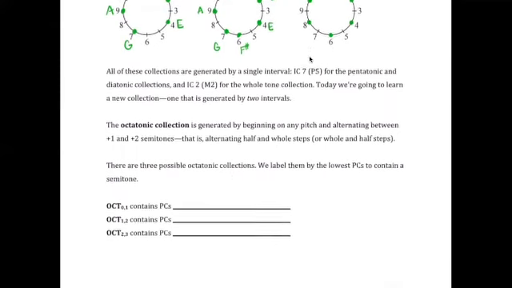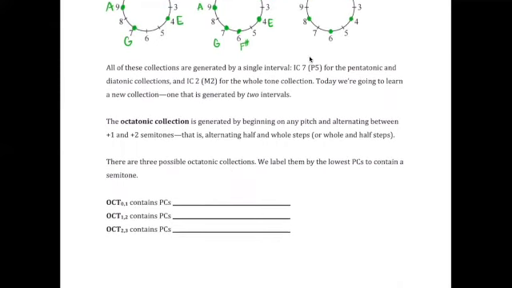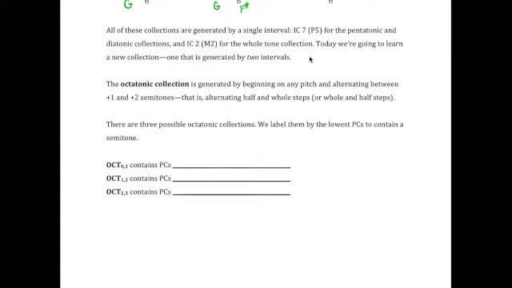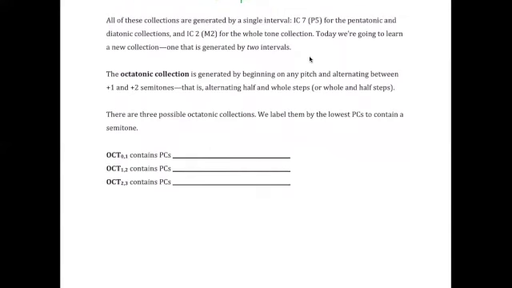The octatonic collection can be generated by starting at any pitch on the clock face and alternating between 1 and 2 semitones, or alternating between half and whole steps. Now, when we do that, it turns out that the octatonic collection only has 3 possibilities.